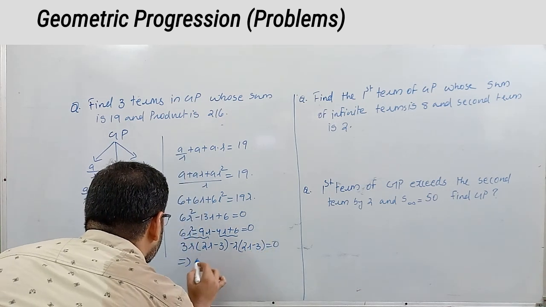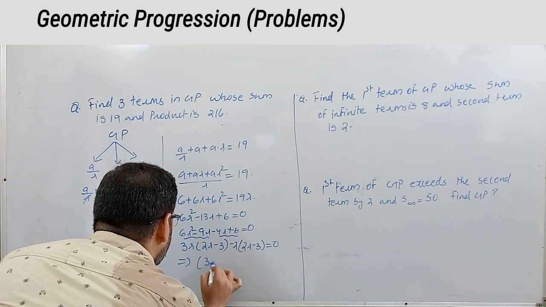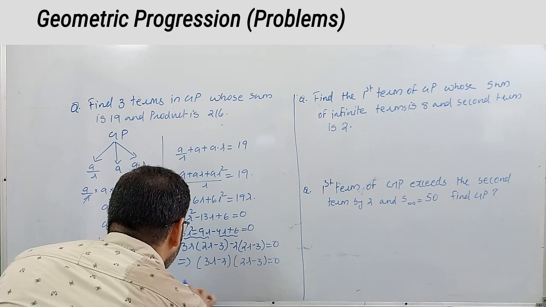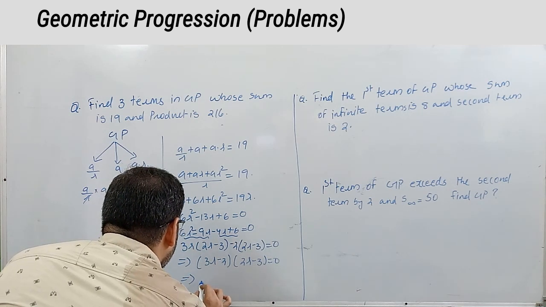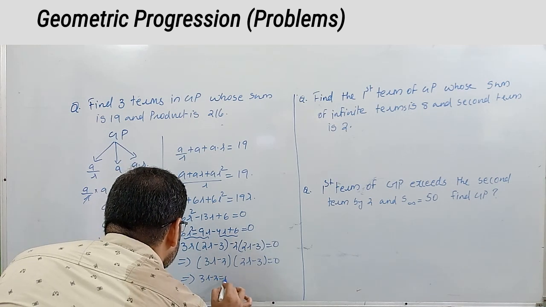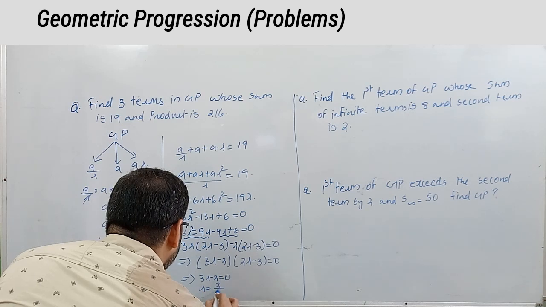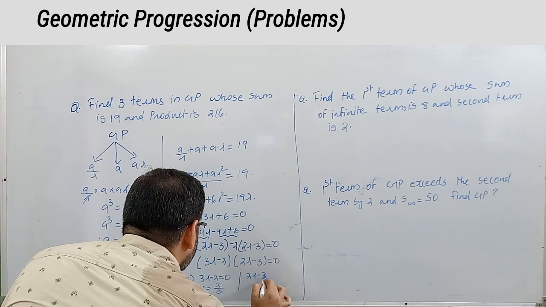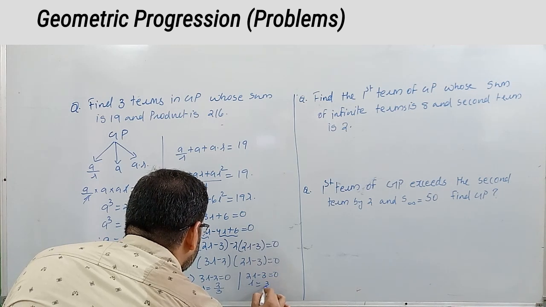That implies the equation becomes 3r minus 2 into 2r minus 3 equal to 0. That implies 3r minus 2 equal to 0, r is equal to 2 by 3, or 2r minus 3 equal to 0, r is equal to 3 by 2.